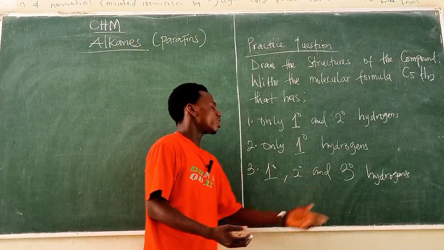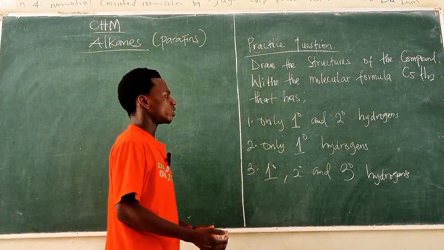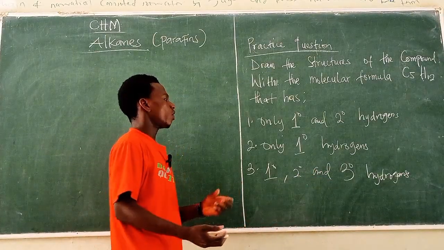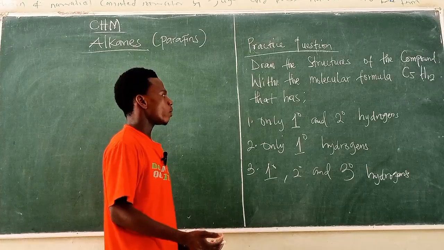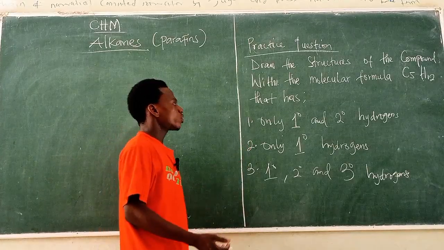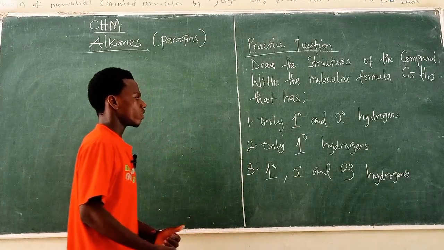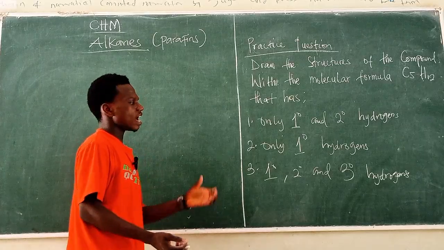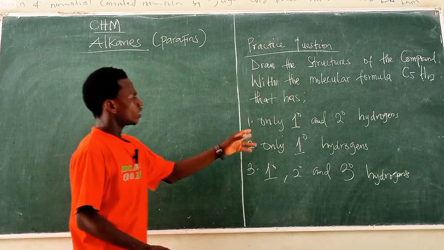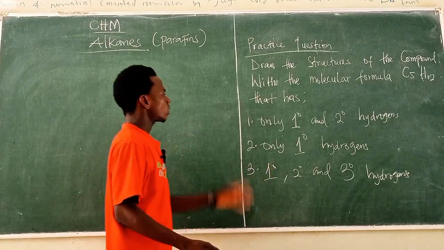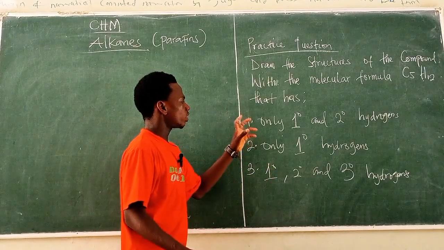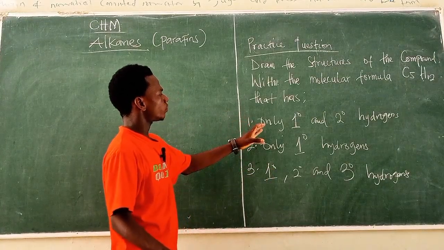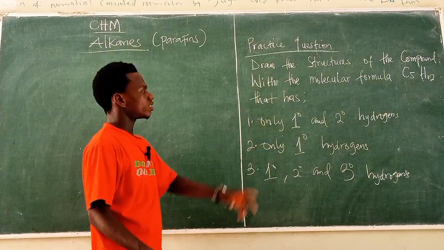So a tertiary hydrogen is that hydrogen that is attached on a tertiary carbon atom. Now, for us to be able to answer this question directly, we'll first of all understand what that is, which I have just explained.